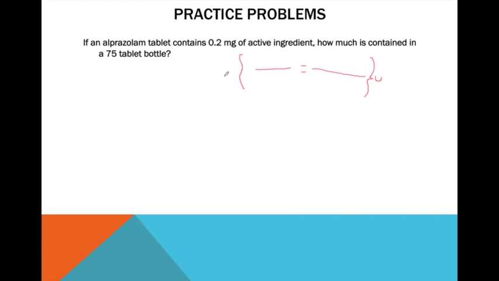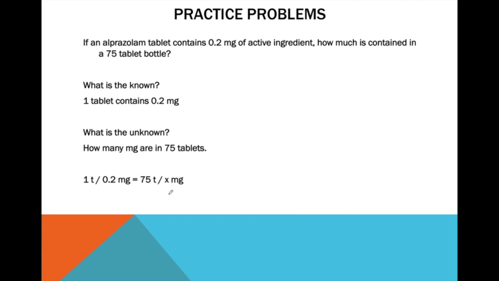Our known is 1 tablet equals 0.2 milligrams. How many milligrams are in a 75 tablet bottle? So we cross multiply and divide, and the answer is going to be 15 milligrams.